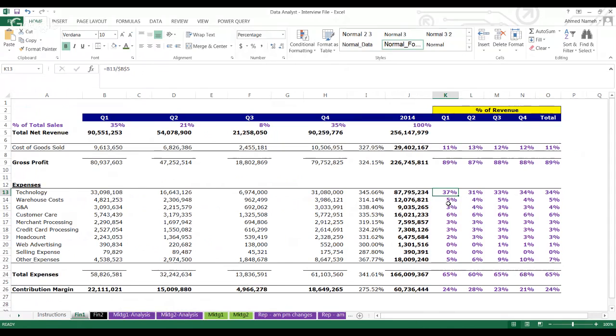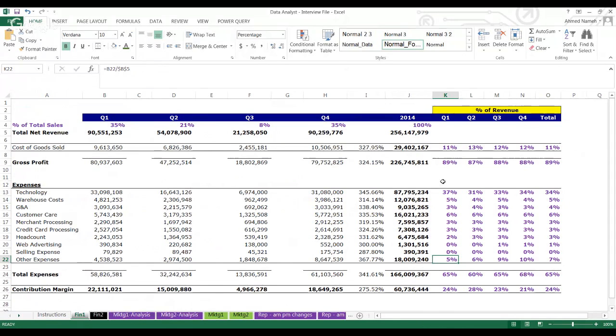But for the most part, if you go through each of these categories, you will notice that the variance from one quarter to the next as a percentage of revenue is not that great. This is true for all of the categories except for one that I noticed, and I bring this up because this category seems to be what is driving the fluctuation in the contribution margin.